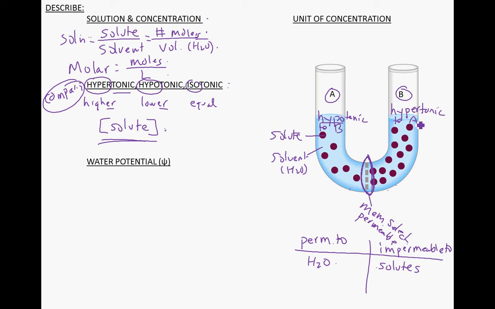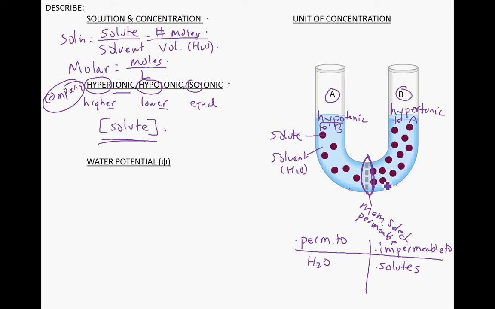Now, we can use this information to predict which way water will osmose. Remember, if the membrane is impermeable to the solutes but permeable to water, where is there higher water potential? There's more water on side A than on side B. These solutes are not going to move. They're not going to diffuse.